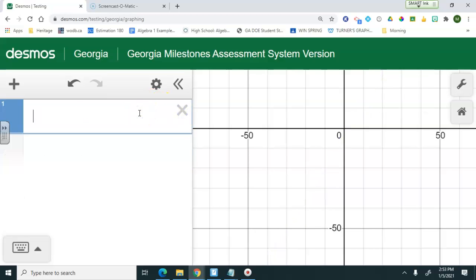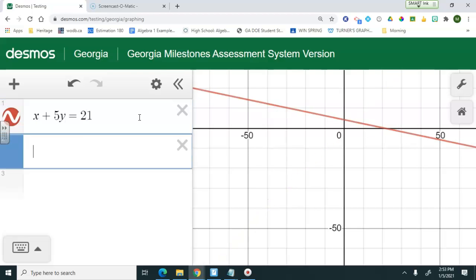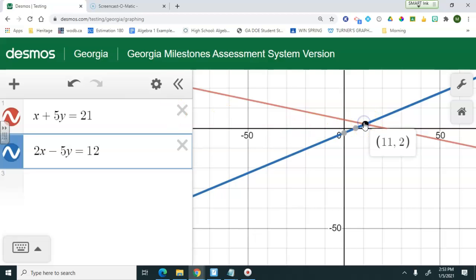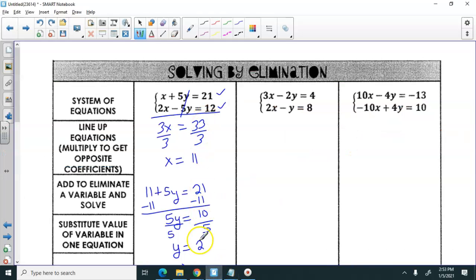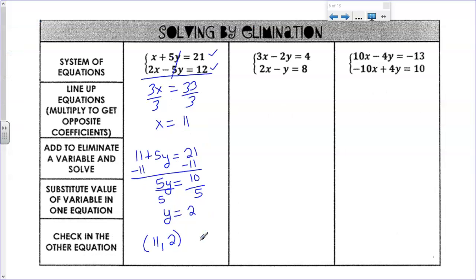So we have 3x plus 5y equals 21, and then 2x minus 5y equals 12. We go over here, (11, 2) is where those two lines intersect. So that is what we got when we solved that. So again, make sure you know how to solve them mathematically, and then you can check it using your Desmos.